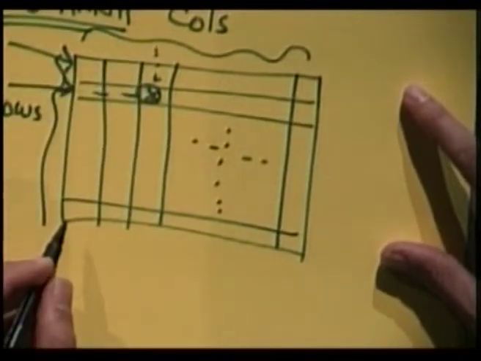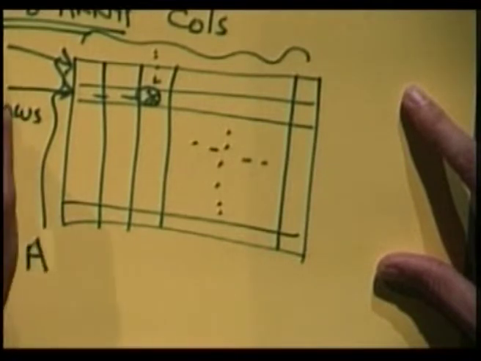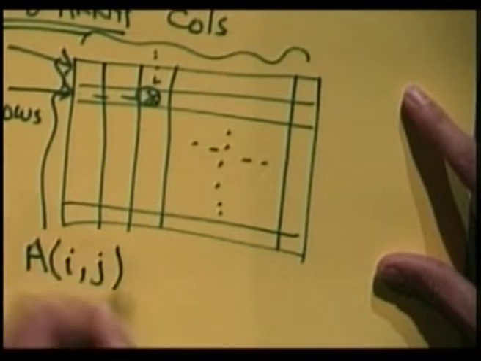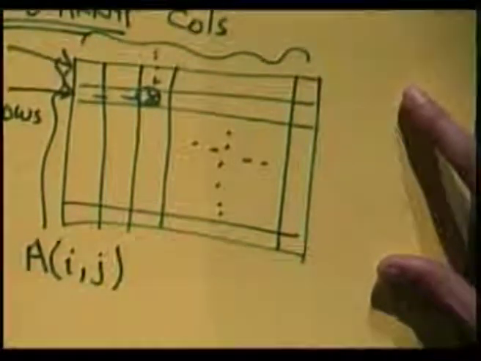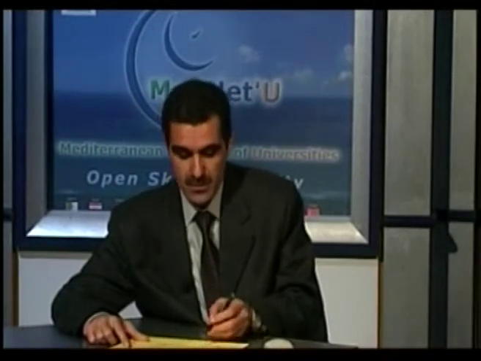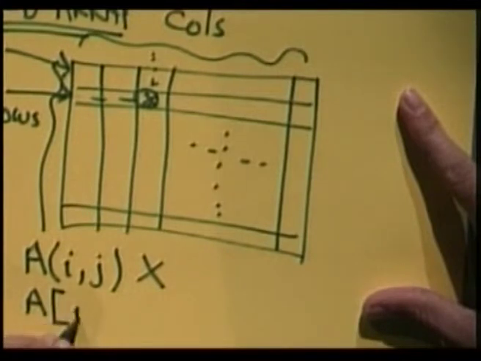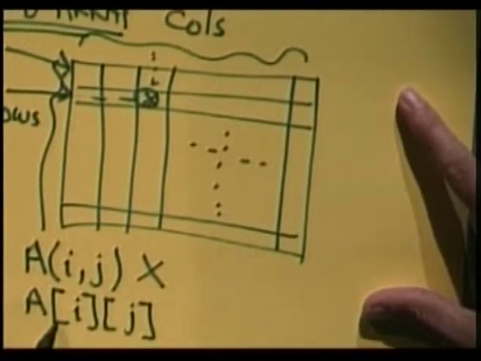So I would say something like, in mathematics, A, assuming that the name of this array is A, of I and J, and this means row I, column J. However, in C, we don't write it this way, but rather we specify it like this, A of I and J, each in square brackets, rows, columns.